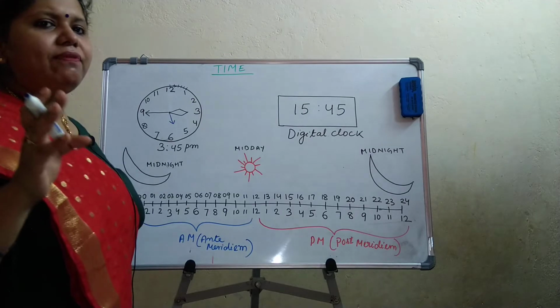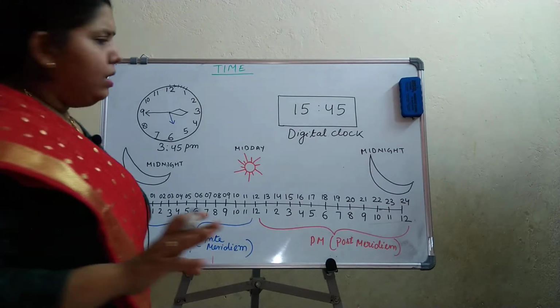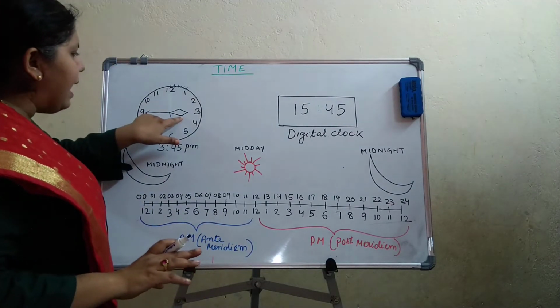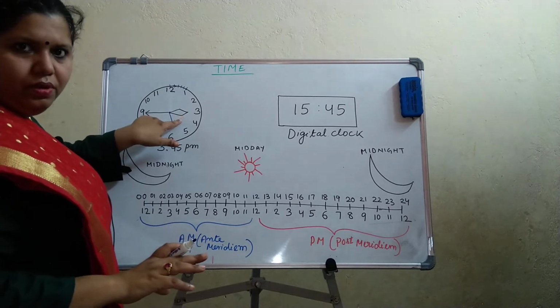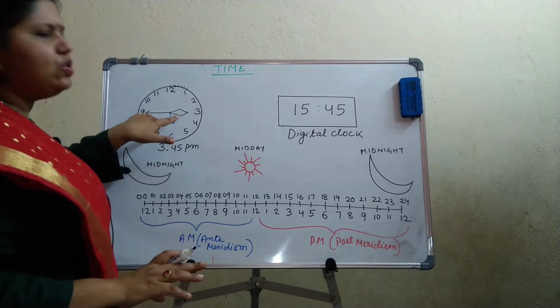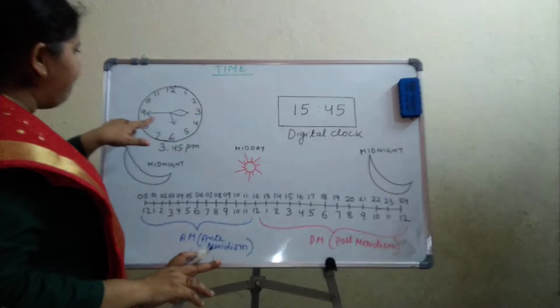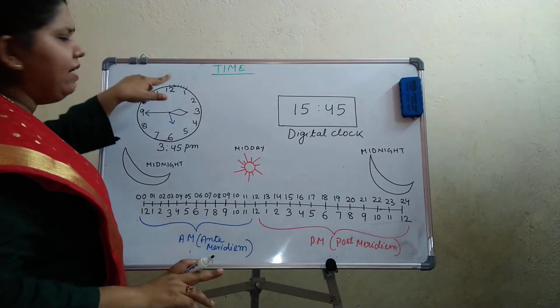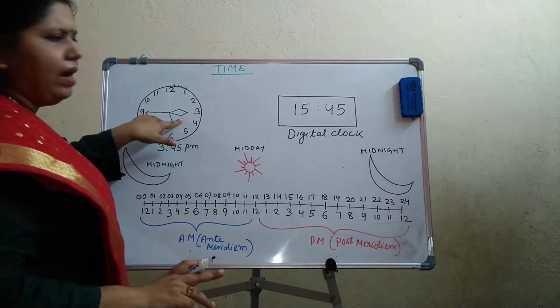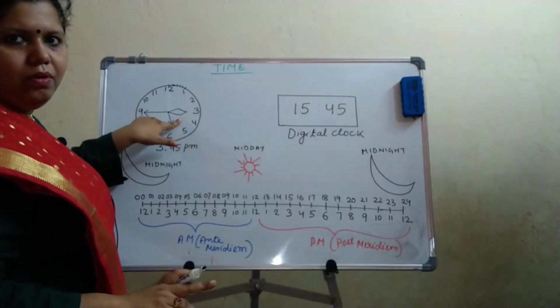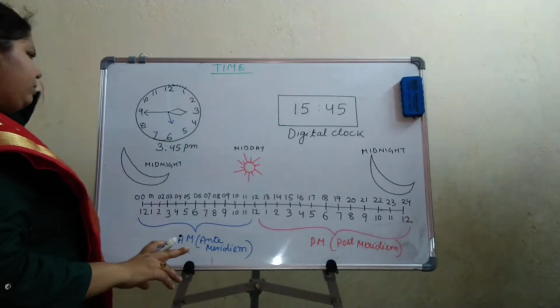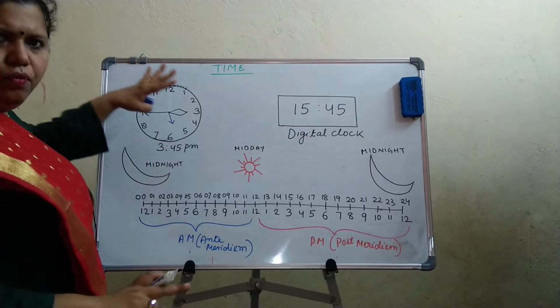All this you have read in your junior classes. This fat one is your hour hand, and it is going very slow. For every one round of the minute hand, the hour hand will move by one step. In this way a clock will work.